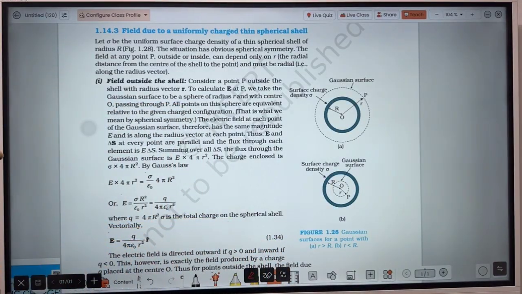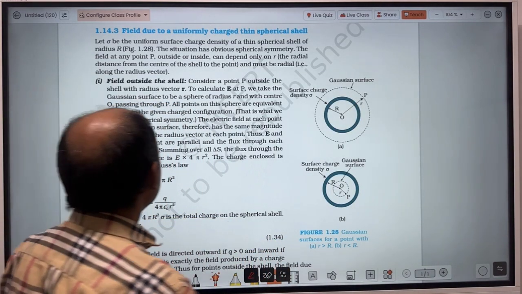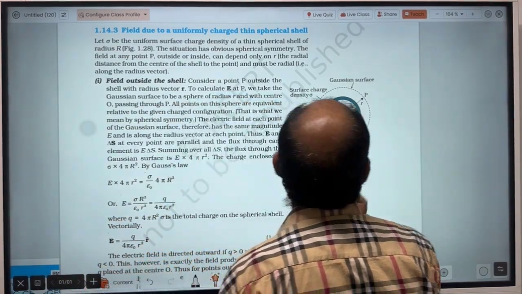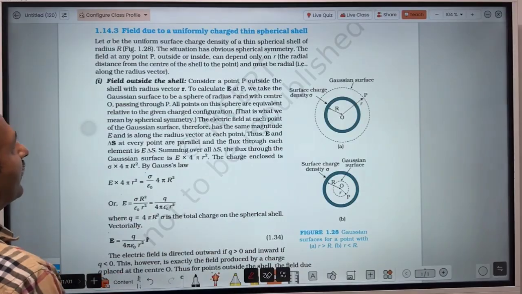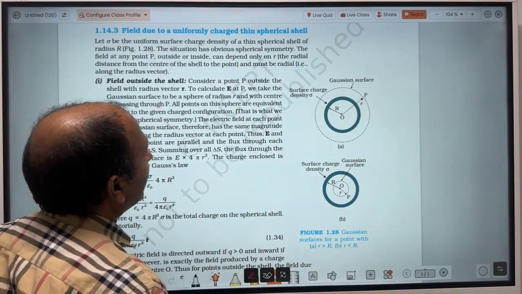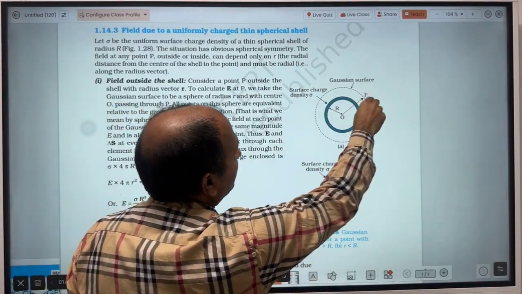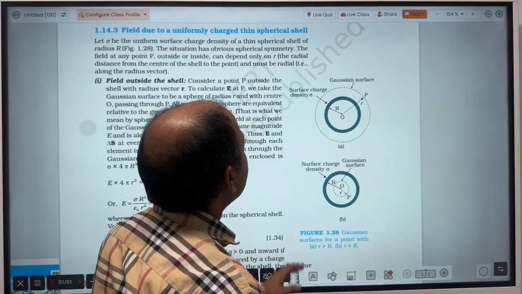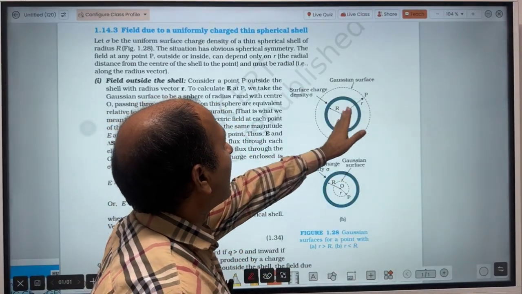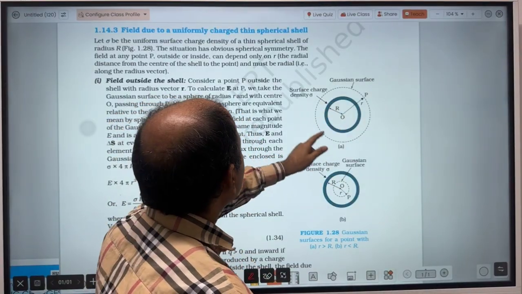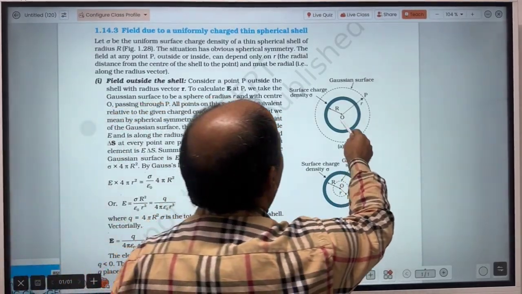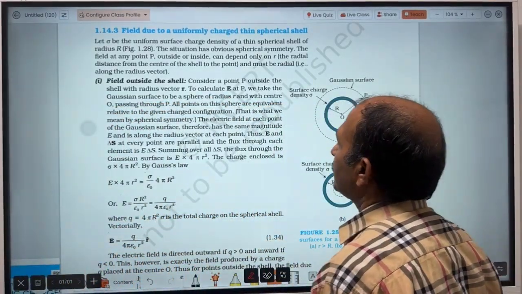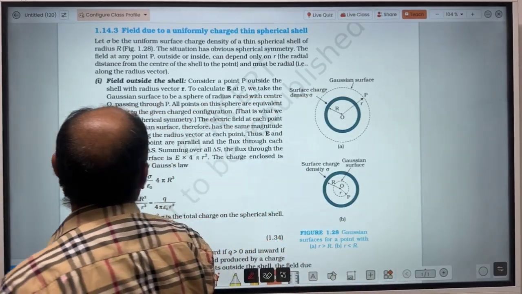So here EA equals the charge enclosed, and the surface charge density is given. So we can get E into A. If you are considering this sphere of radius r, its surface area will be 4 pi r square, and you can calculate the total charge for radius r.